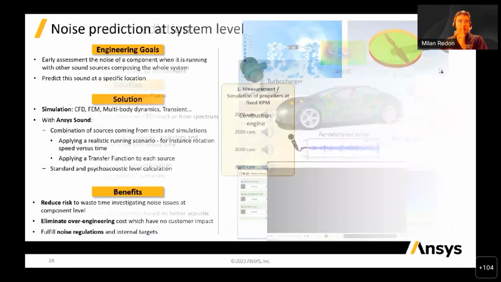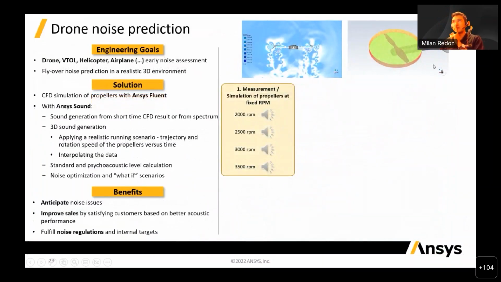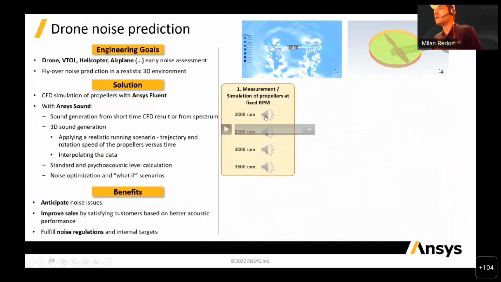And I have one more application which is quite interesting, which is the drone noise prediction. Also using as input simulation from Fluent. So not with too much detail here.